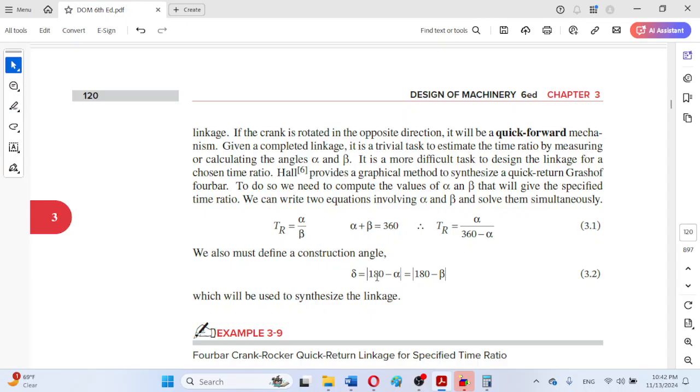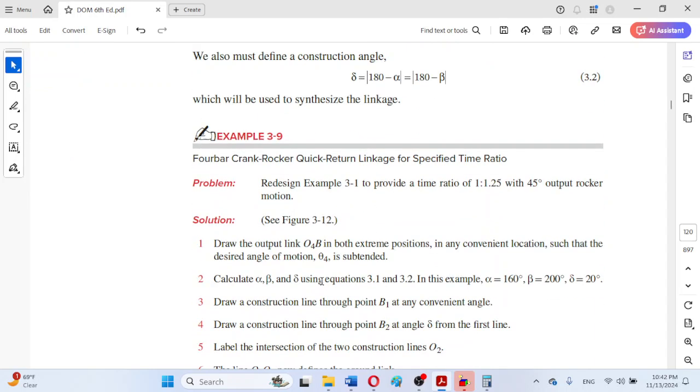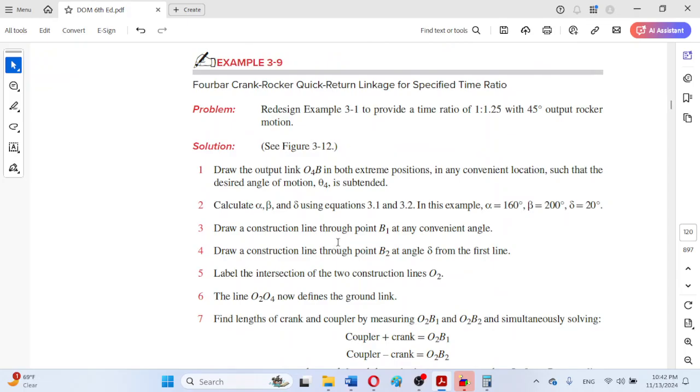So we can subtract 180 minus alpha or 180 minus beta, and their absolute magnitude will be equal to delta. This delta will be used to synthesize or create the linkage of correct dimension sizes. So the procedure is explained here.